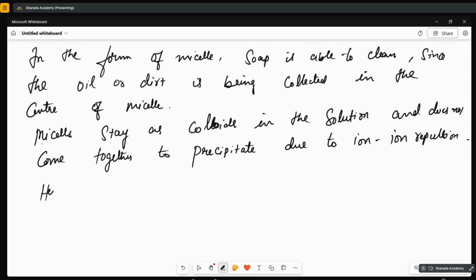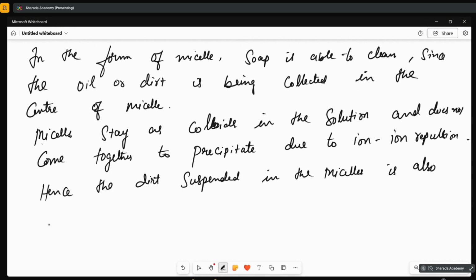Hence, the dirt suspended in the micelles is also easily rinsed away.